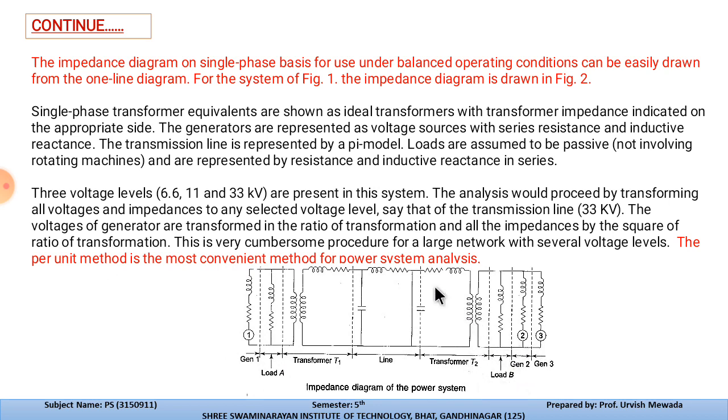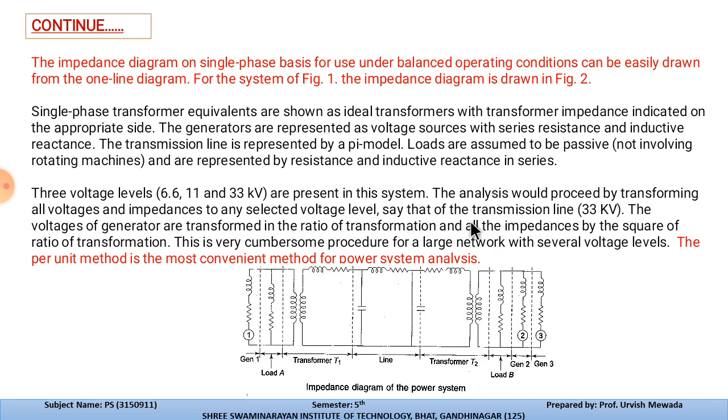So three voltage levels, 6.6, 11, and 33 kV, are represented in the system. The analysis would proceed by transforming all the voltages and impedances to a selected voltage level.